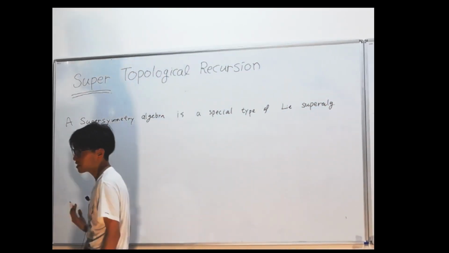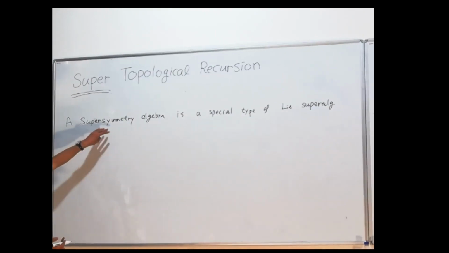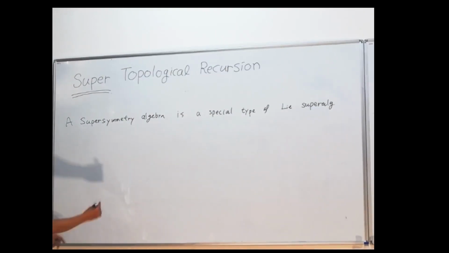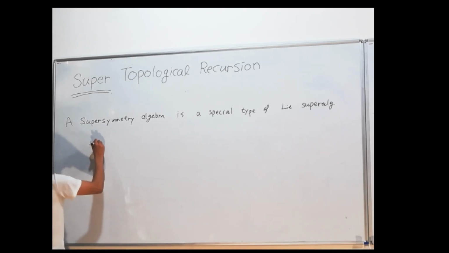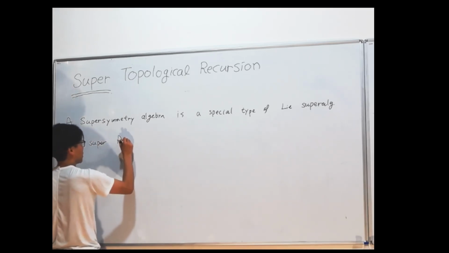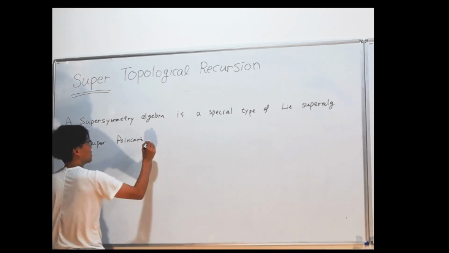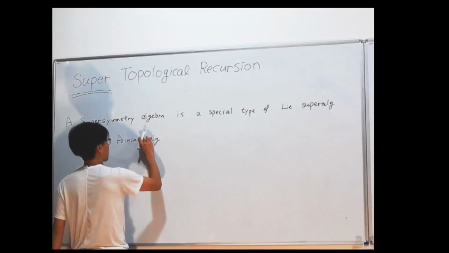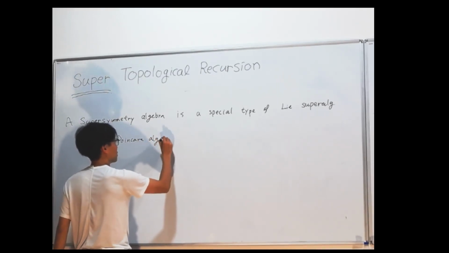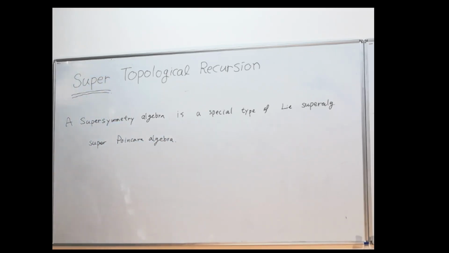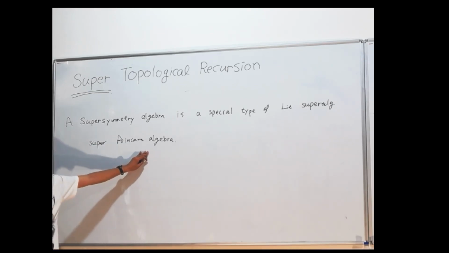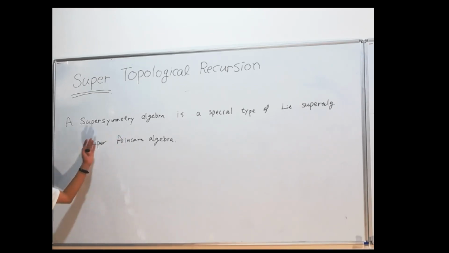And in particular, it has another name. It's called the super Poincare algebra. No, supersymmetry algebra really means the super Poincare algebra.